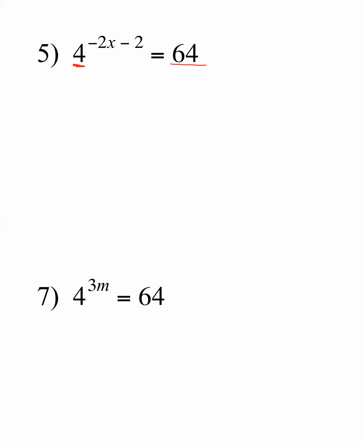Did you figure out how? Instead of 64, we're going to write it as 4 to the 3rd. You got it. So now that I have those bases the same, I'm going to set the exponents equal.